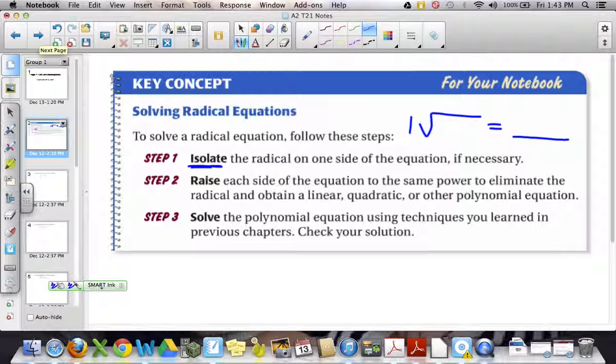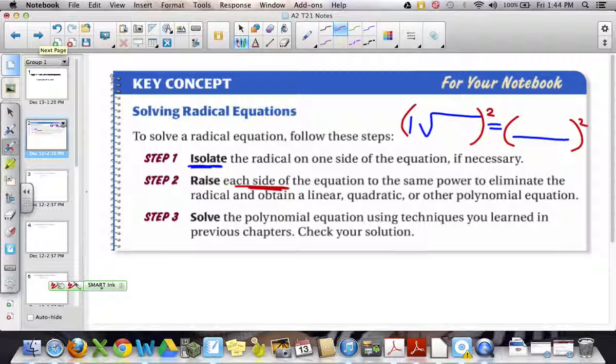Now, step 2 then is to raise each side, and side being the key word here, of the equation to the same power to eliminate the radical. So if this is a square root, we're going to take each side and square it. If it was a cubed root, then we'd take each side and cube it.